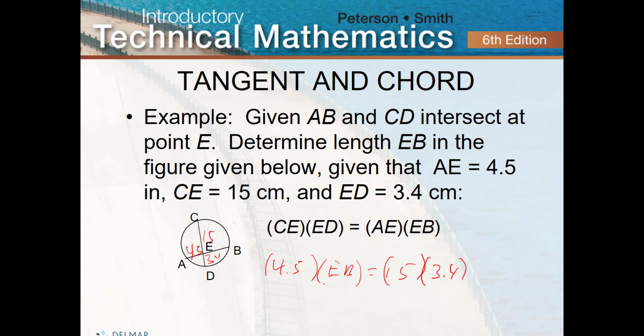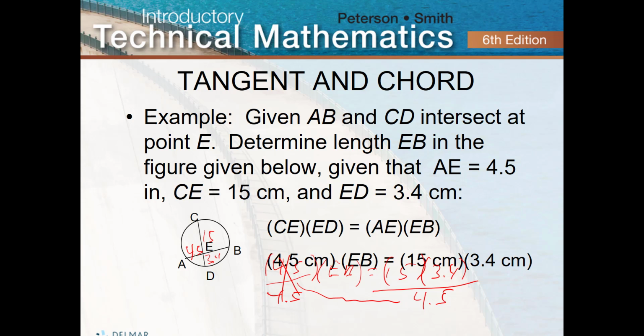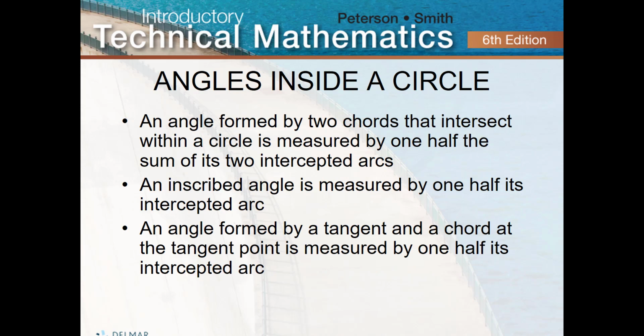To get EB alone, we divide by 4.5, gets rid of this, and put 4.5 underneath there. And we calculate, so we go 15 times 3.4 divided by 4.5, 11.3. Let's see what they determined it to be. 11.3. Sweet.